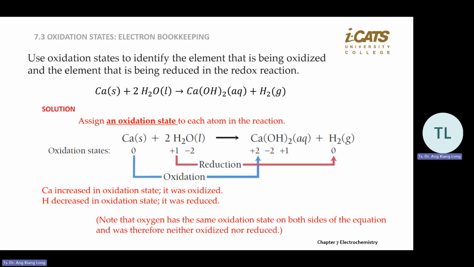So why do we not calculate for oxygen? If you look at oxygen, -2 becomes -2, it does not change. So you don't need to make any judgment for oxygen. Read this note: oxygen has the same oxidation number before and after, and therefore neither oxidizes nor reduces. Sometimes the question gives a bonus mark, asking what is the oxidation state of oxygen in the equation?